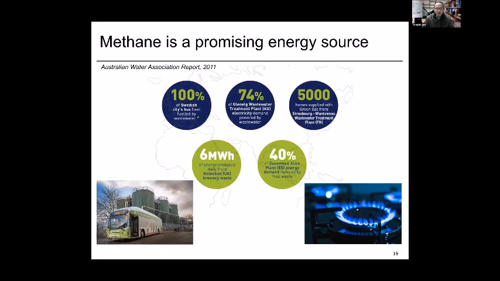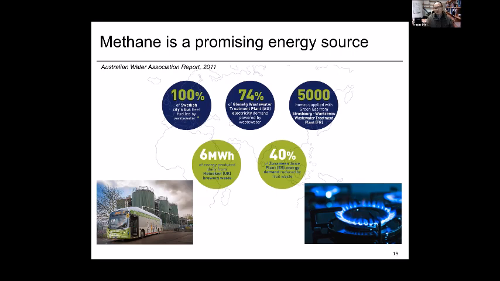Then let me switch gears to biofuel recovery using the vapor gap membrane, specifically biomethane. As we know, methane is a very potent greenhouse gas, about 25 times more potent than CO2. And currently, about 5% of the methane is emitted from the wastewater sector.